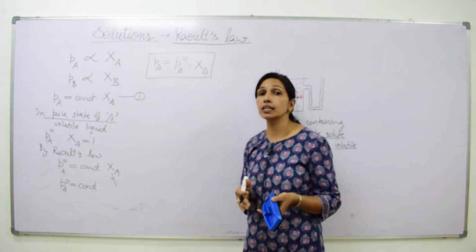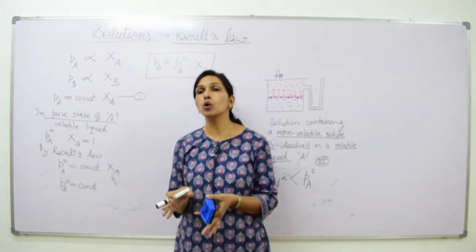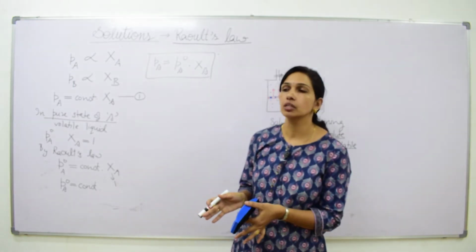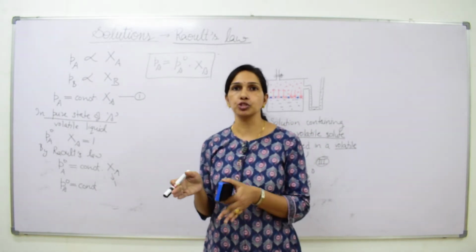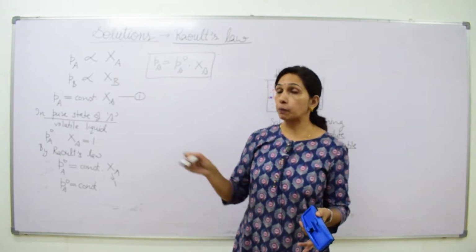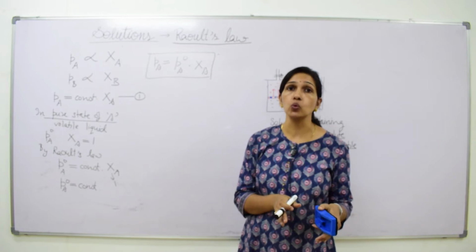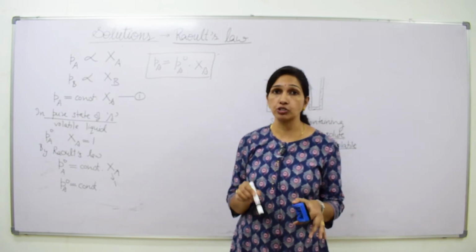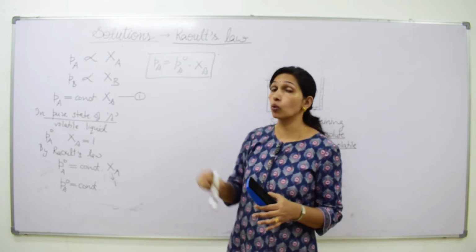So, we can define Raoult's law as follows: the vapor pressure of each component is directly proportional to its mole fraction, or it is equal to the product of its own vapor pressure in the pure state and its mole fraction.